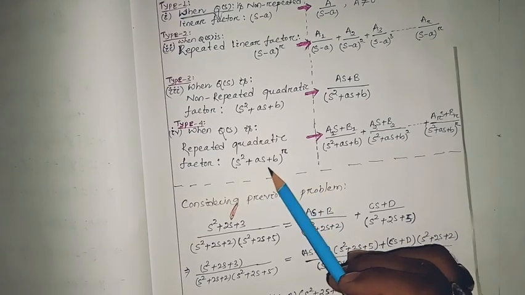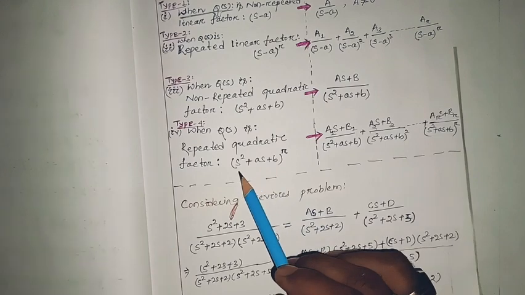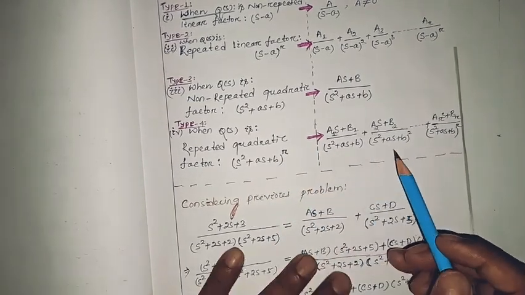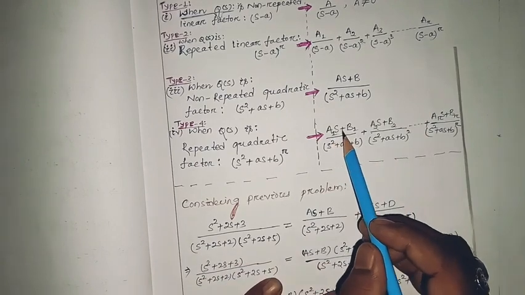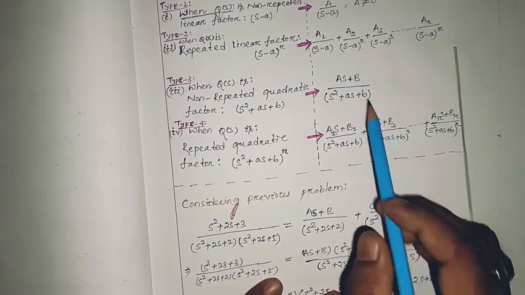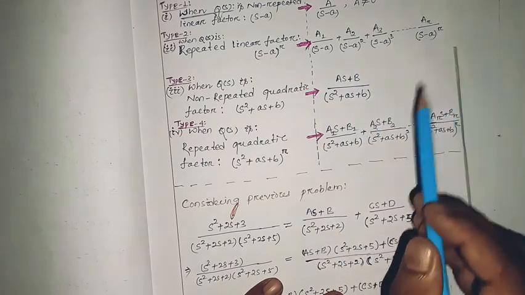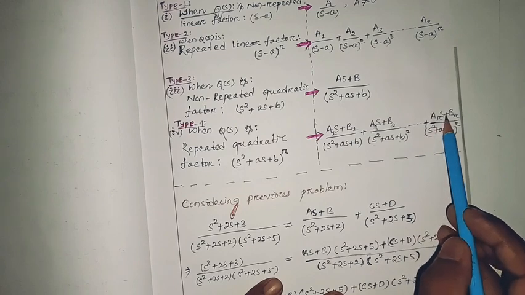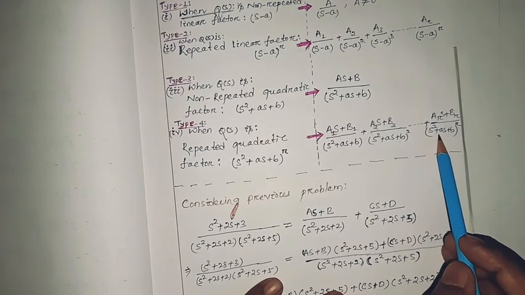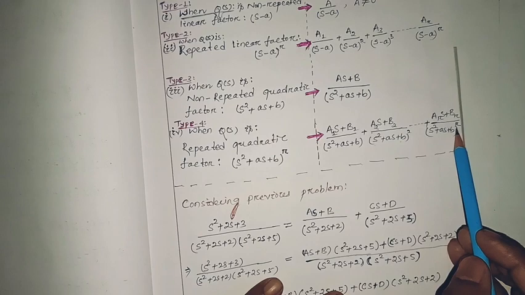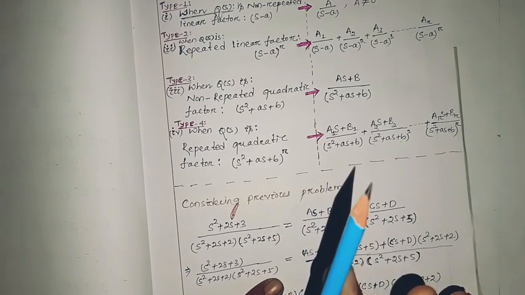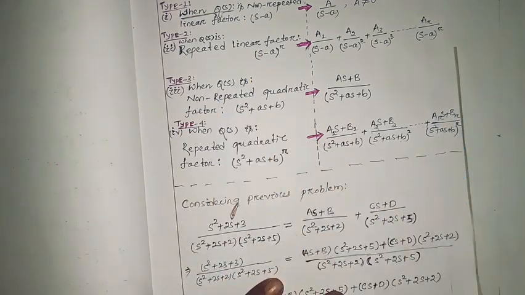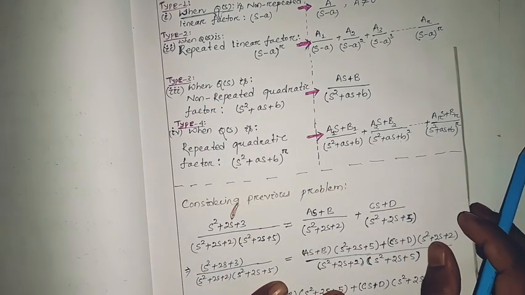Suppose this quadratic term has some power, then the partial fraction will be (a1 s + b1) over this one, plus (a2 s + b2) over this one squared, up to (ar s + br) over (s^2 + as + b) to the power r. Do not worry, we are going to solve one or two questions for each type. Then you will be clear at that time.